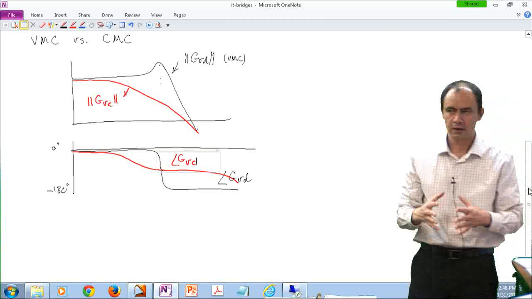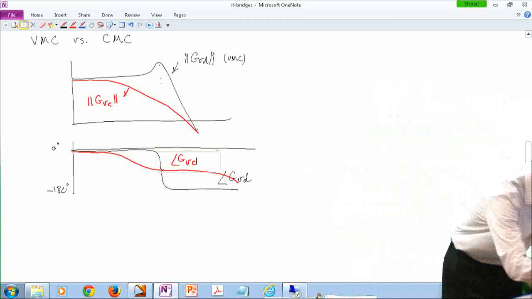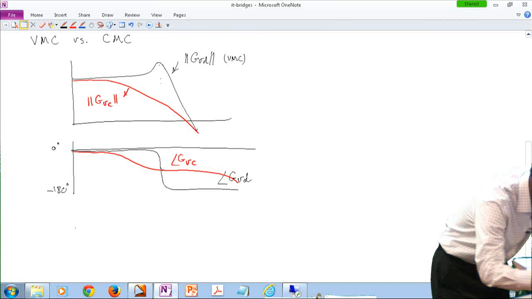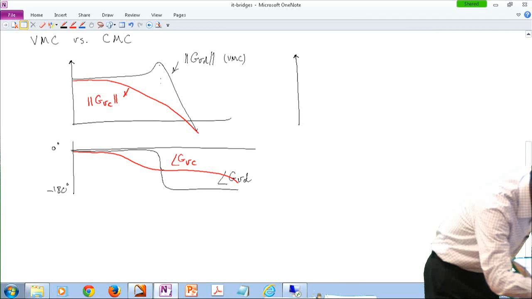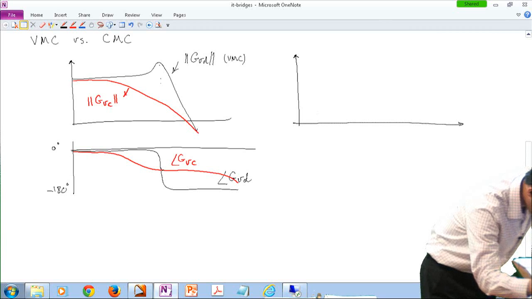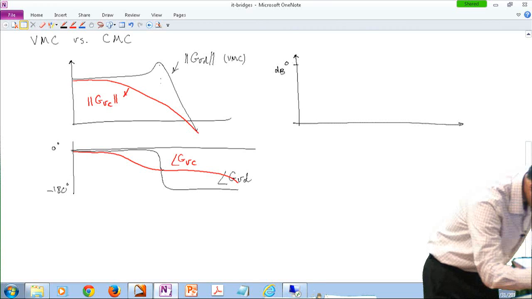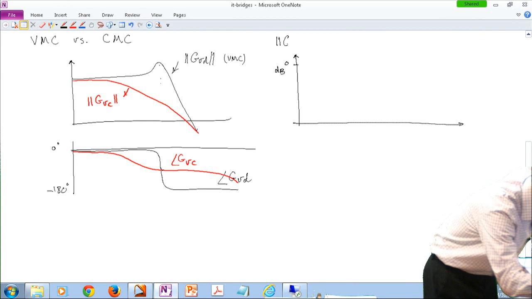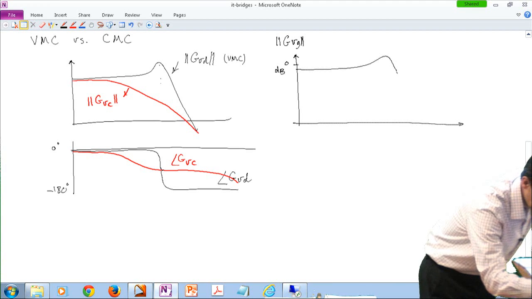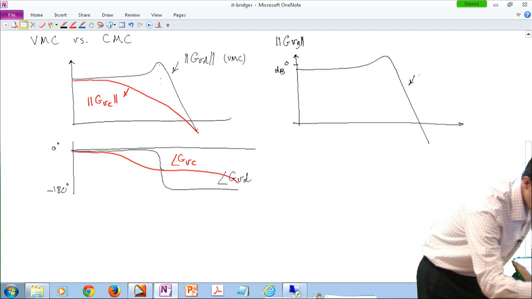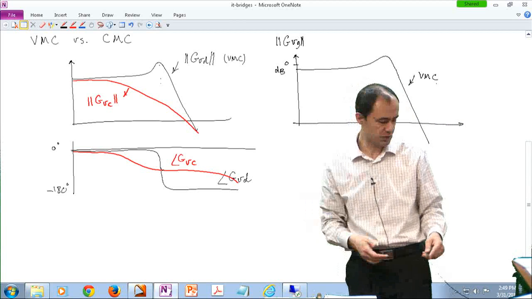The other one is audio susceptibility, the input to output transfer function. Let me draw it here. We would like this transfer function to be as negative as possible, or almost 0. But this is for voltage mode control, so it's actually not very small, and then our feedback loop should take care of that.